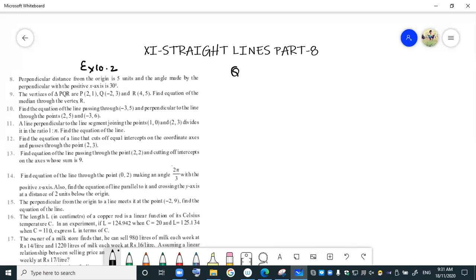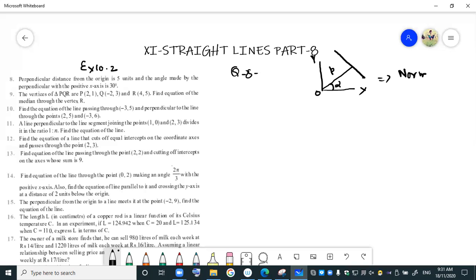Question number 8. So it is a normal form. Normal form is that form in which, when the perpendicular is drawn from the origin, this is x-axis and this is y-axis, this is origin and this is any line, then the perpendicular from the origin, its length is given and this angle is given, then its equation is called normal form.